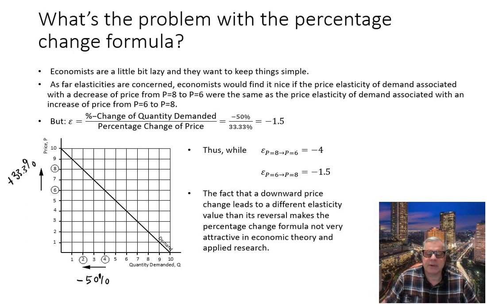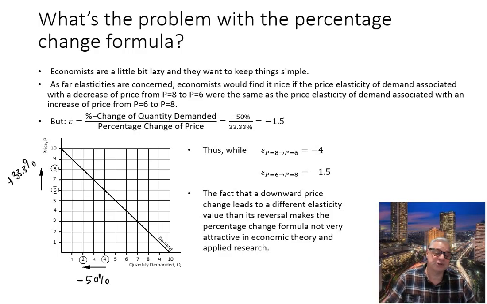So now if we apply that into the percentage change formula, we get an elasticity of negative 1.5. So when we lower the price from 8 to 6, we get a price elasticity of demand of negative 4.